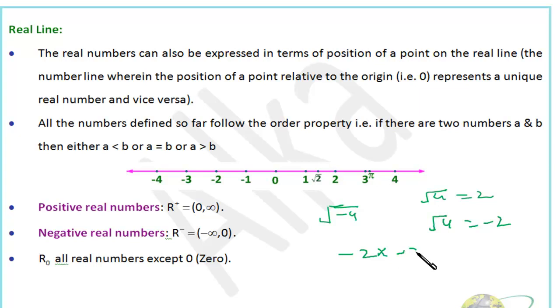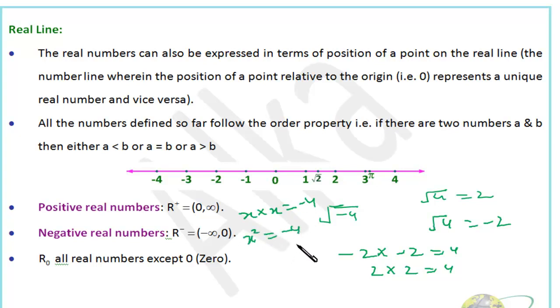Minus 2 into minus 2 is 4, 2 into 2 is 4. Now, if we have to take the square root of a number, the same number should be multiplied together to get it. So x into x should be minus 4.